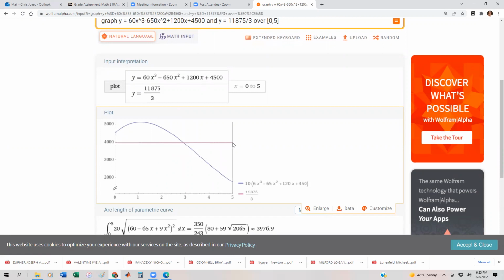It kind of makes sense that that would be the average value, because if we look at it, we have a lot that's going above this curve and a lot below. And remember, if we make a rectangle right here and think of all that area, that's going to be the area bound by the axis as well as the function. So just keep in mind what the average value does.